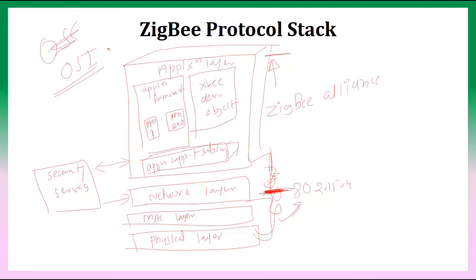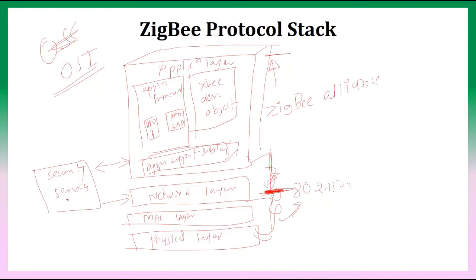ZigBee builds on the IEEE standard 802.15.4, which defines the physical and media access control layers. The ZigBee Alliance defines the network layer and the application layer. So two layers are supported by 802.15.4 and two by the ZigBee Alliance. All right, so we'll discuss one by one.